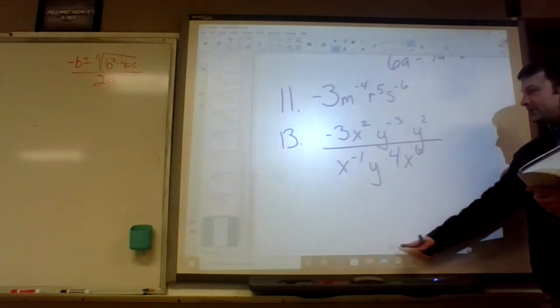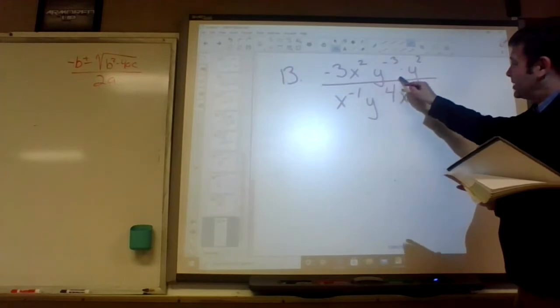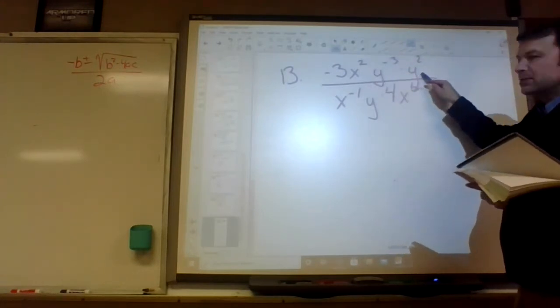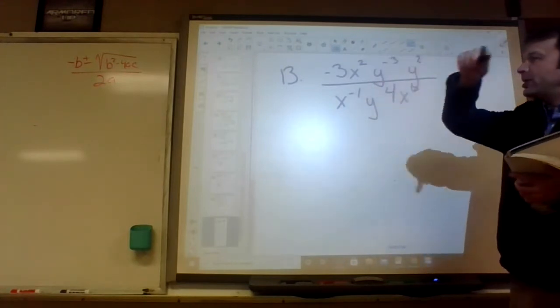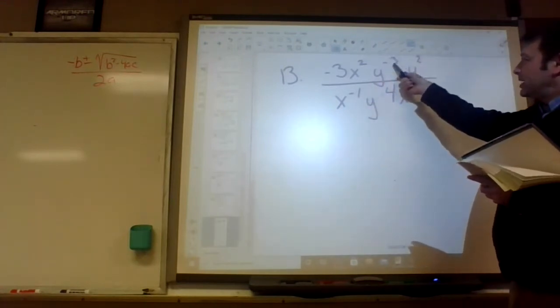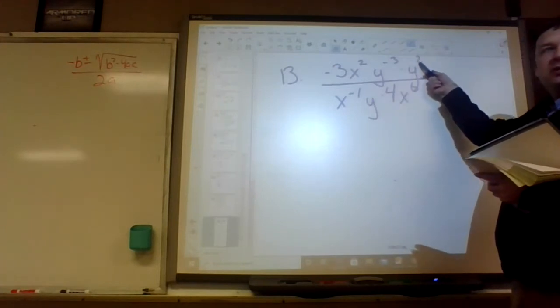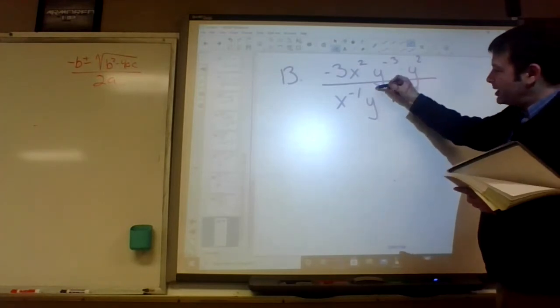All kinds of mess going on here. So what do we do with these y's right here? How would we simplify that? Add exponents. When you multiply the y's, you add their exponents. -3 plus 2 is what? -1. And then I've got another y down here, right?